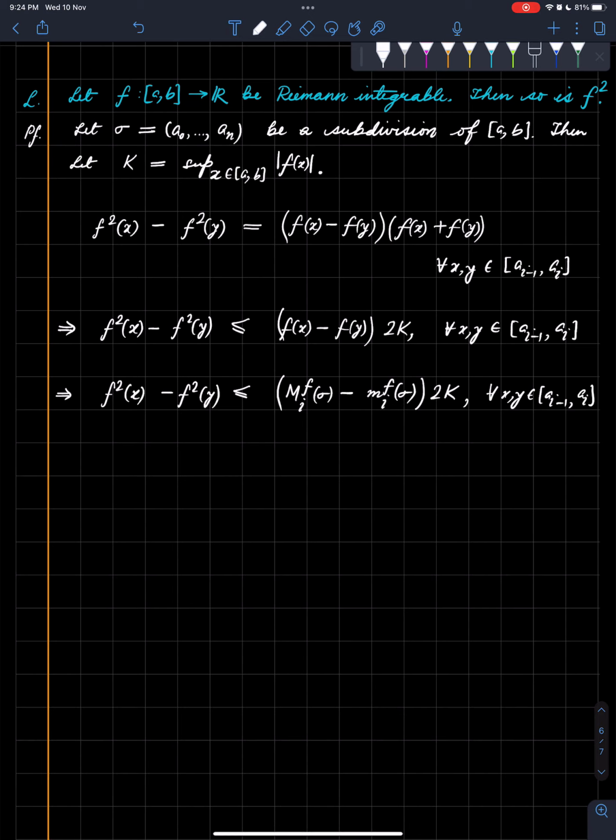So the rest of the proof is just like the previous one. So I can take this supremum. I'll skip one step and take the supremum and infimum both at the same time.